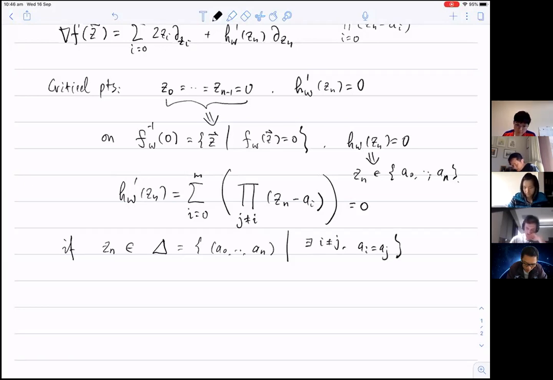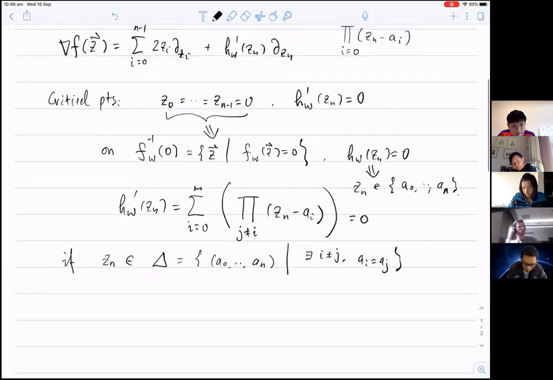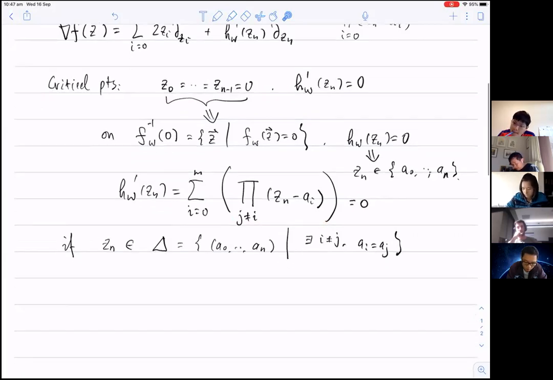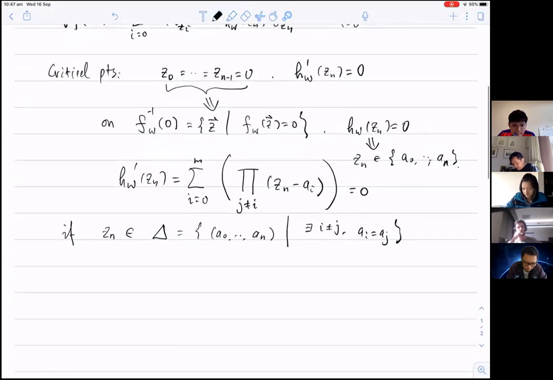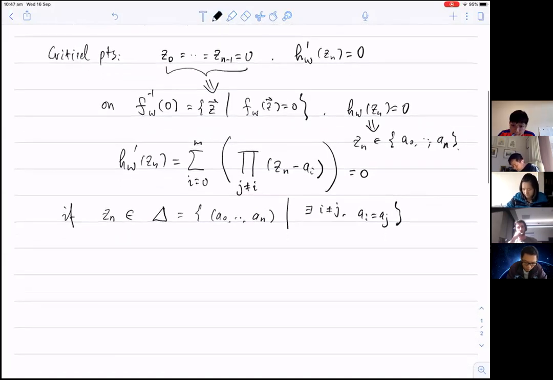So if we have a root appearing twice, Zn is a double root, multiplicity 2. If you take that root, then this will be 0 because that is the root, and then this will also be 0 because of this.